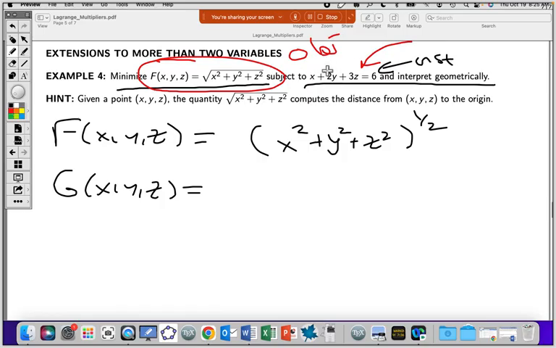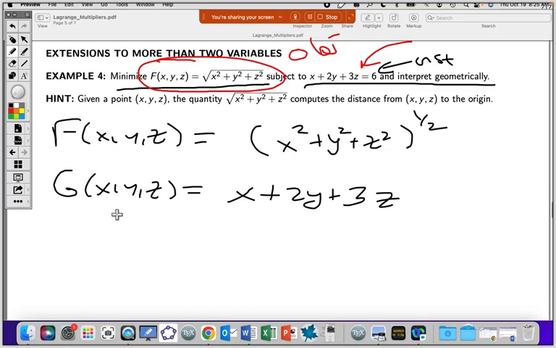So we can just pick the g to be what? Well, the function g wouldn't be 6. The g of x, y, z is equal to 6. So this represents the level surface. Yeah, good. This represents the level surface of x plus 2y plus 3z. Okay.